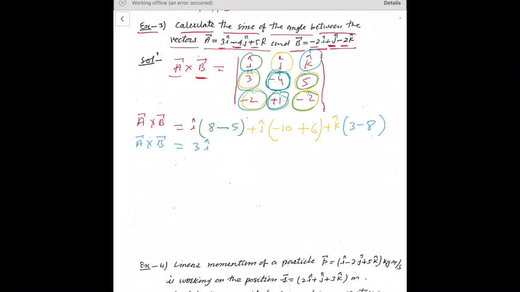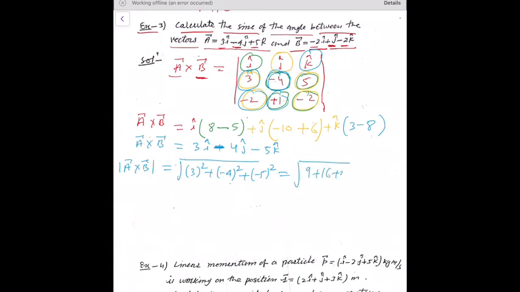A vector cross B vector is equal to 3 I cap minus 4 j cap minus 5 k cap. So magnitude of A vector cross B vector is equal to 3 square plus minus 4 square plus minus 5 square.